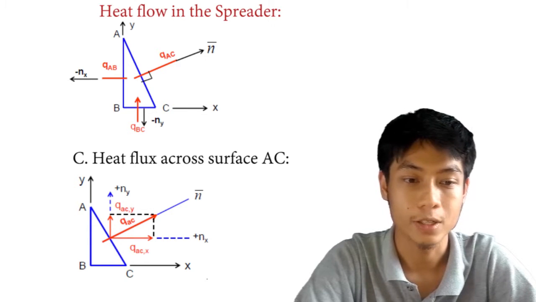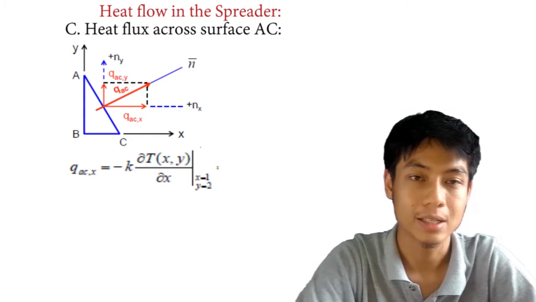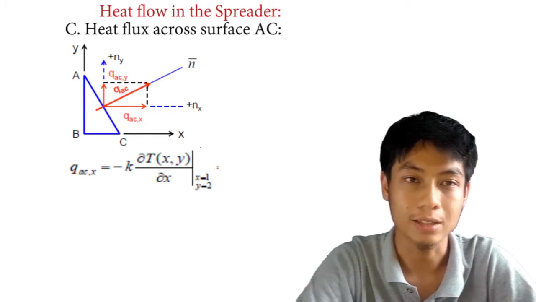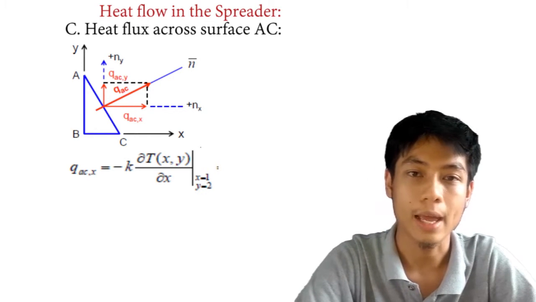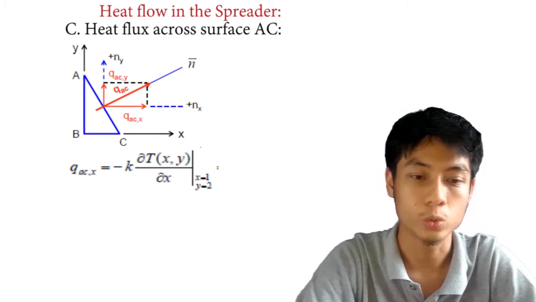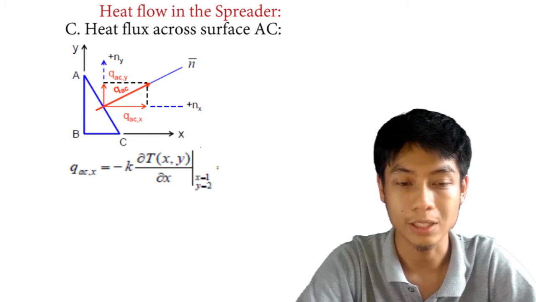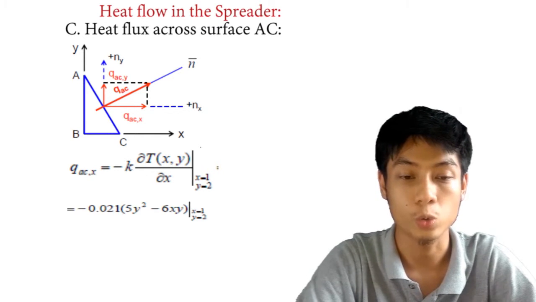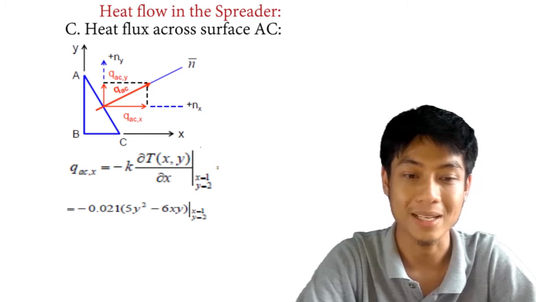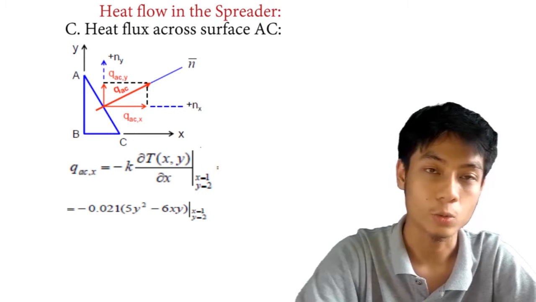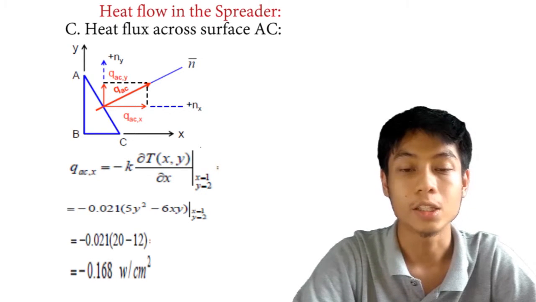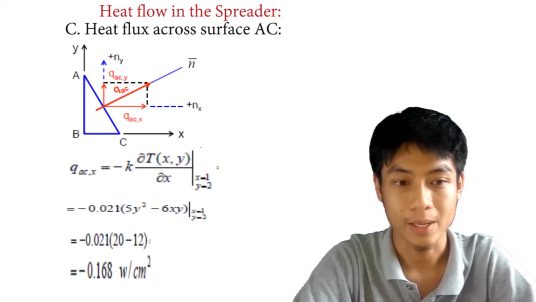Thus, QACX is equal to negative K delta T(x,y) over delta x. When we substitute x equal to 1 and y equal to 2, we get negative 0.021 bracket 5y squared minus 6xy, and once we substitute the values, we get the answer negative 0.168.